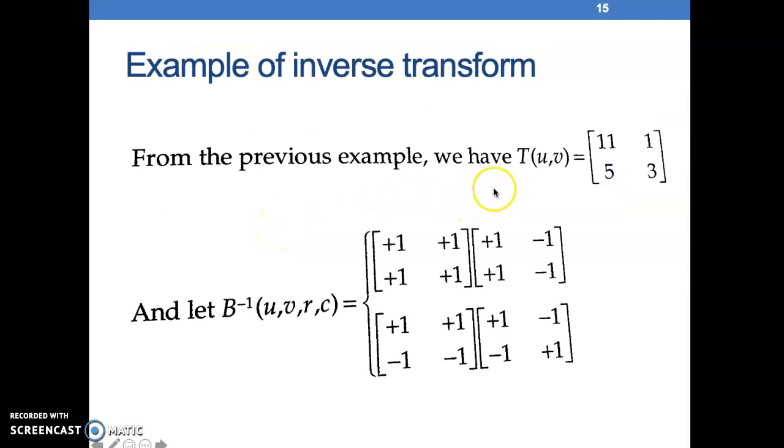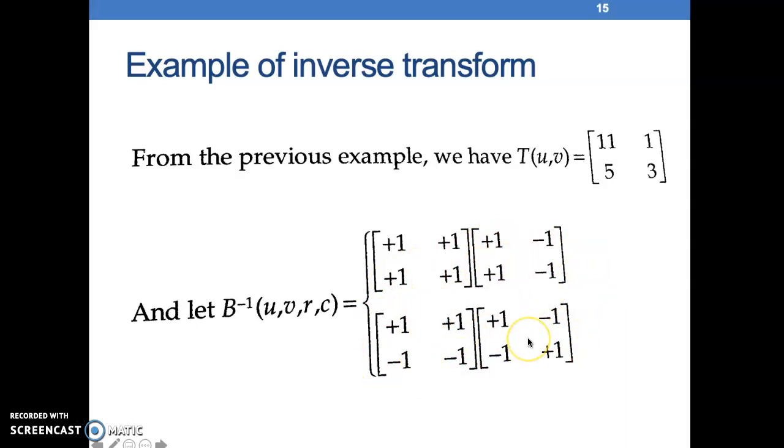For example, this is the T(u,v). T(u,v) is the output of the projection, in the frequency domain, which you get as 11, 1, 5, 3. To get I(r,c), you will project again the T(u,v) with this transform image.